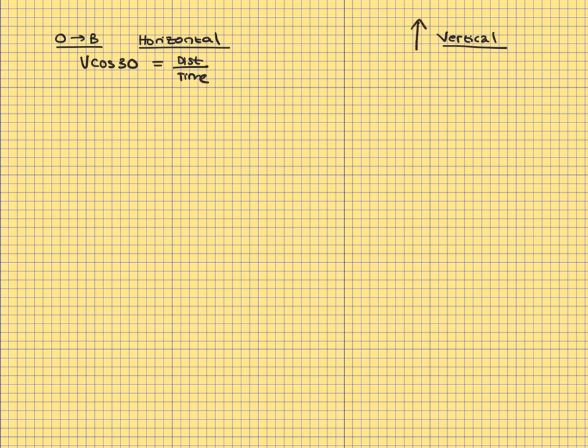Vertically, defining up as positive, S is equal to negative 60. Now, why is that? Well, let's go back to the diagram to make sure that we understand this. If you think of this as a set of axes, the trajectory of the particle looks like that.